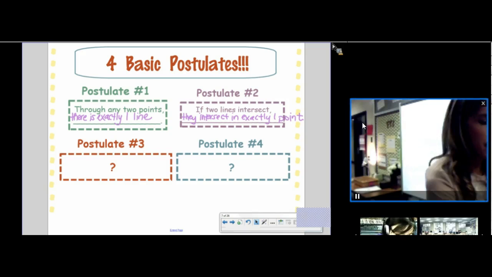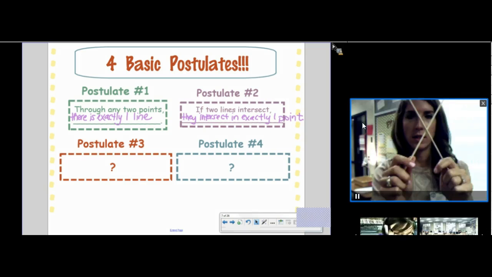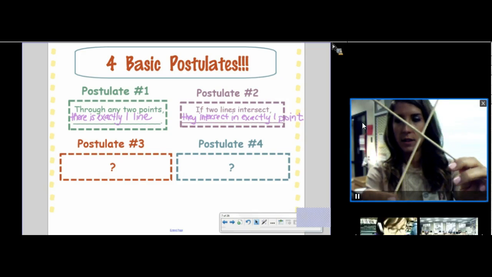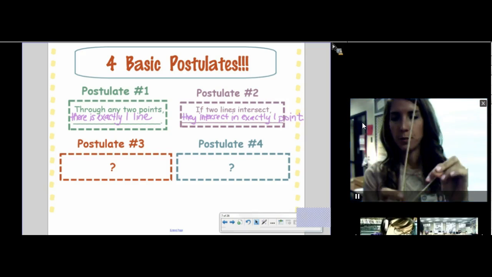So that's pretty much saying when 2 lines intersect, you get a point. When 2 lines intersect, you get a point. That's postulate 2.